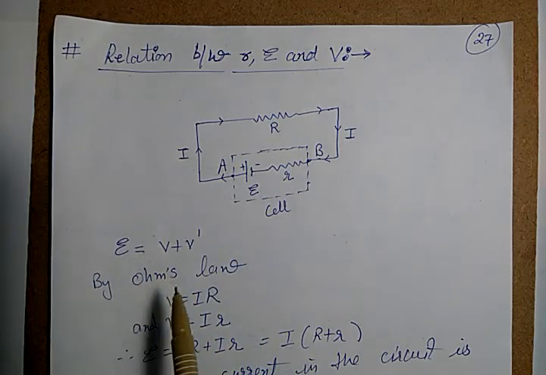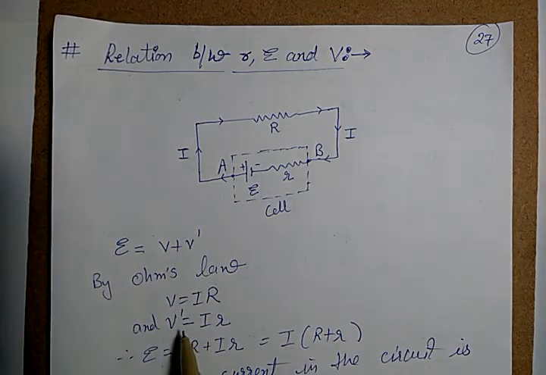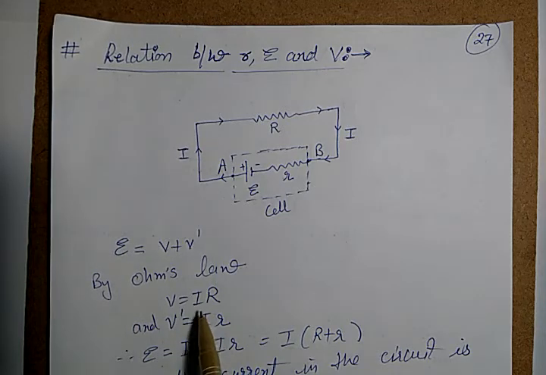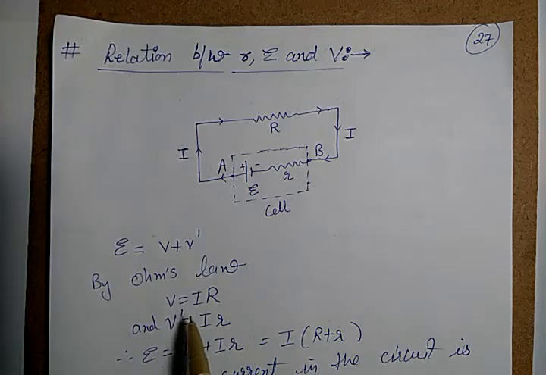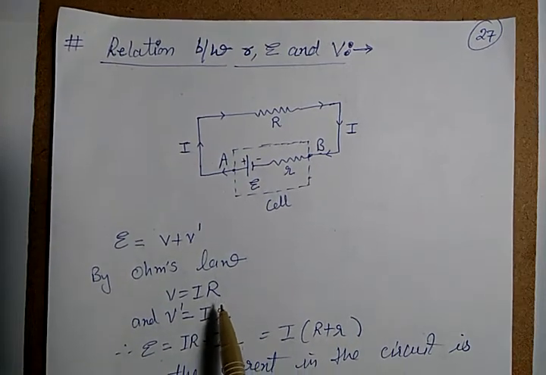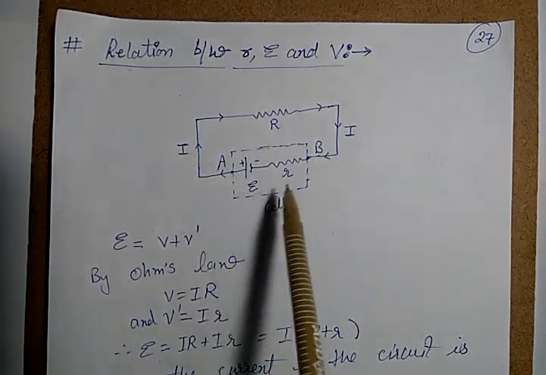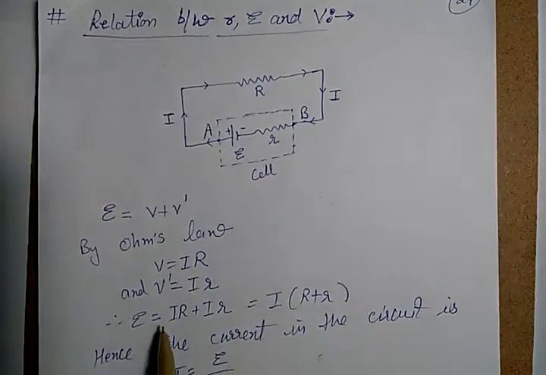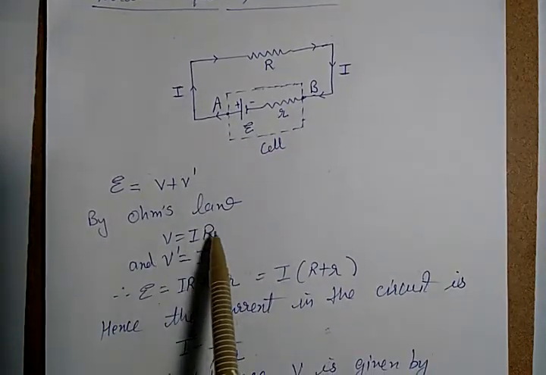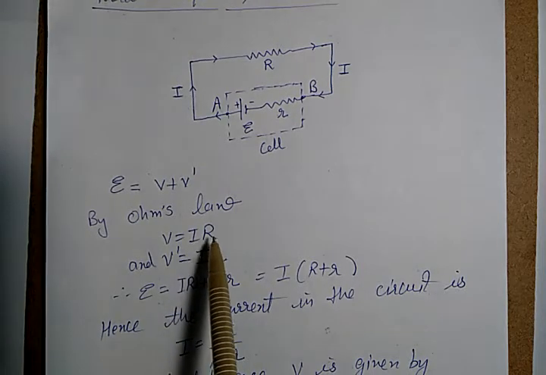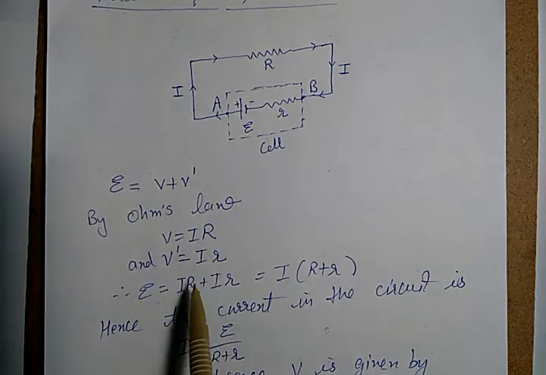Now applying Ohm's law, as we know that Ohm's law is V equals to IR, where V is the potential, I is the current, and R is the resistance. So applying this Ohm's law for this outer circuit and for this inner arrangement, we are having V equals to IR, where I is the current through the conductor and R is the resistance of the conductor.